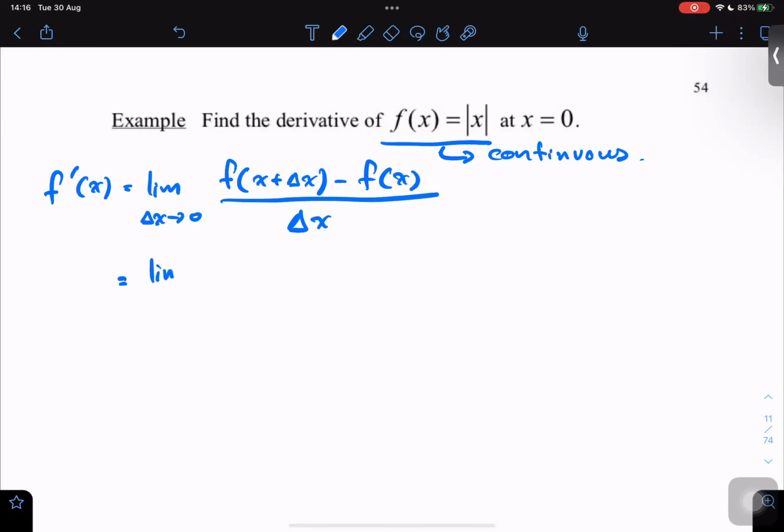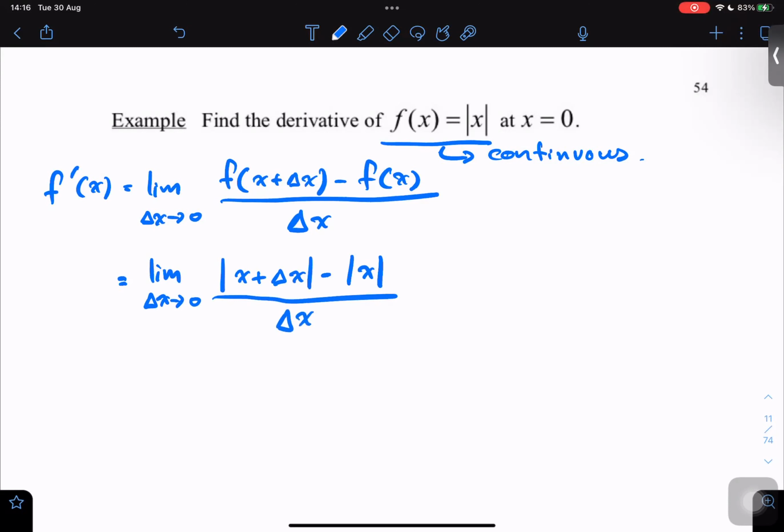And this limit will be the absolute value of x plus delta x, minus the absolute value of x, over delta x.